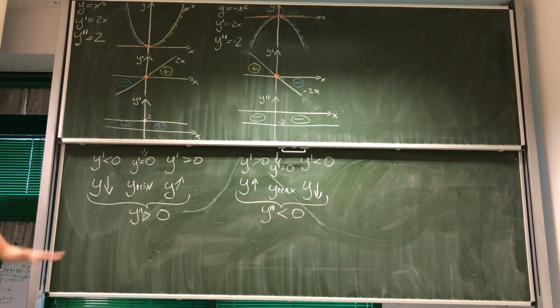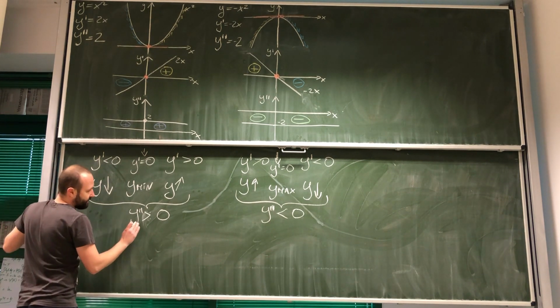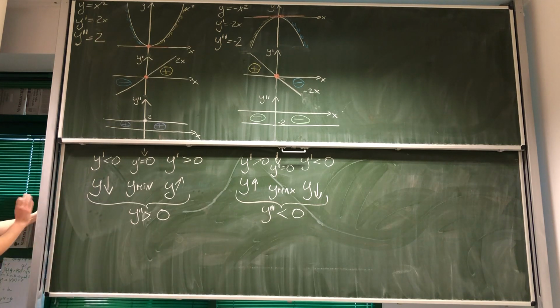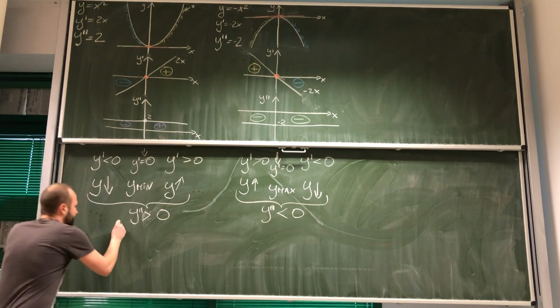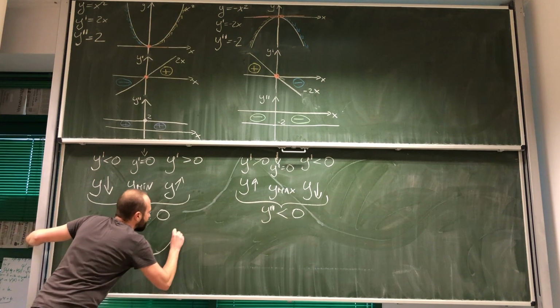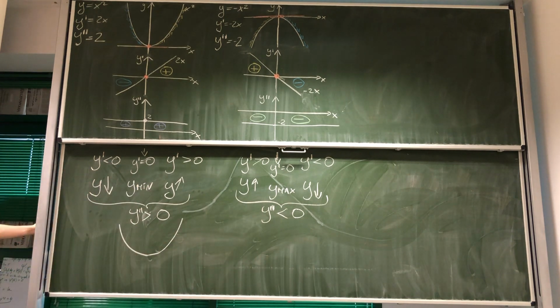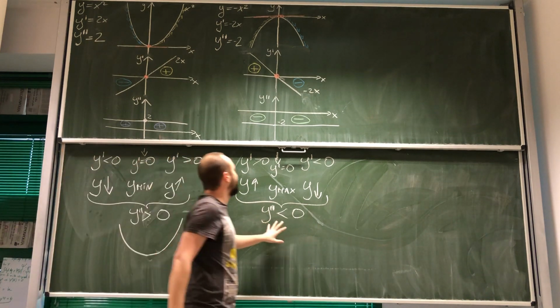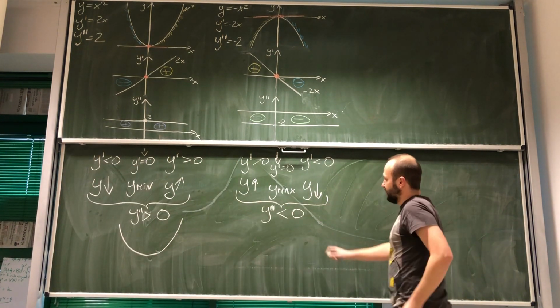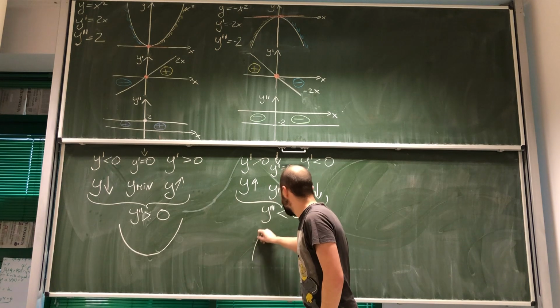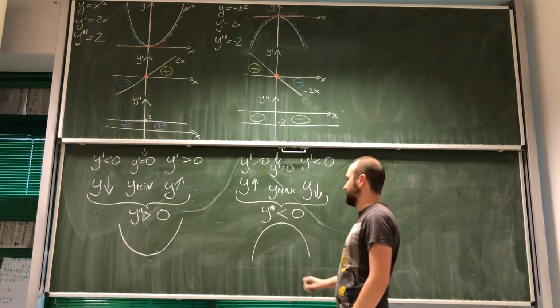So look, every time when we have a situation when second derivative is positive, the function will look like a smiley face. Every time when second derivative is negative, the function will look like a frowny face.